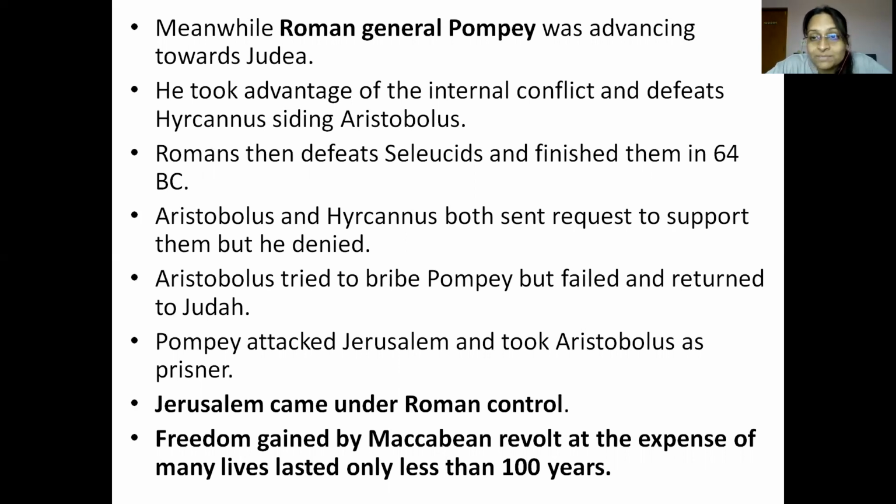The Maccabean revolt, which gave rise to religious and political freedom, led by the Maccabeans and the generations after them, lost its power and freedom within a 100 year span.